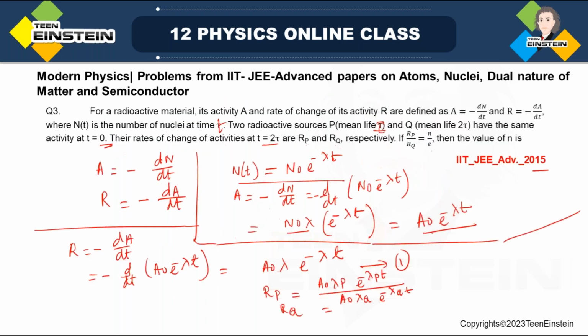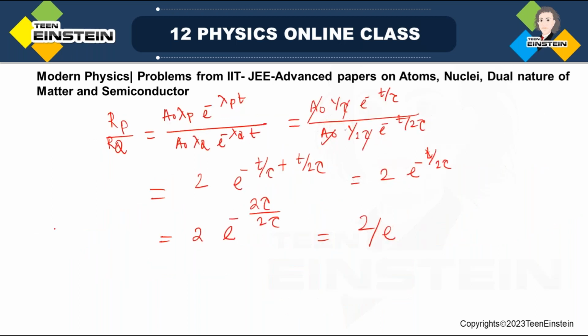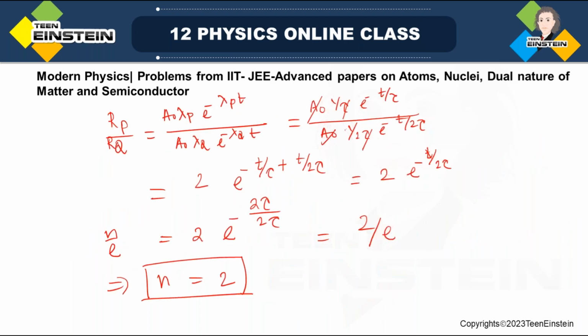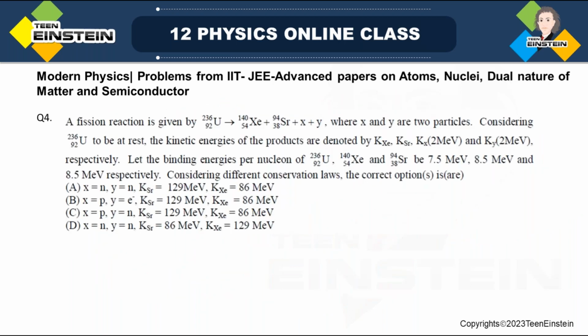In the question, Rp by Rq was given as n by e. So what is the value of n here? n is 2. This is the answer. Okay, we'll move on to the next problem. This is now an interesting problem.